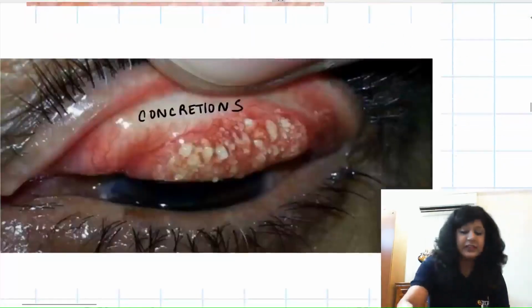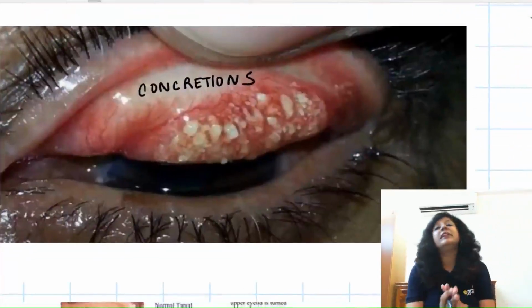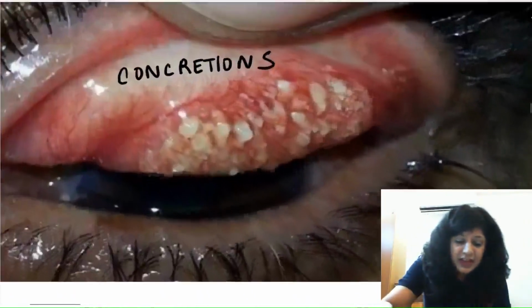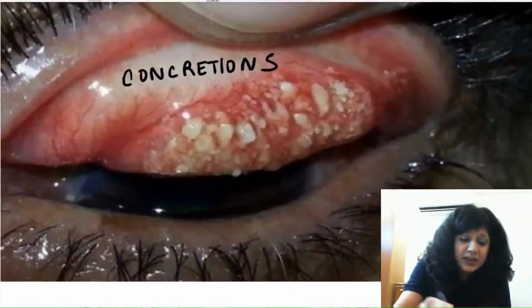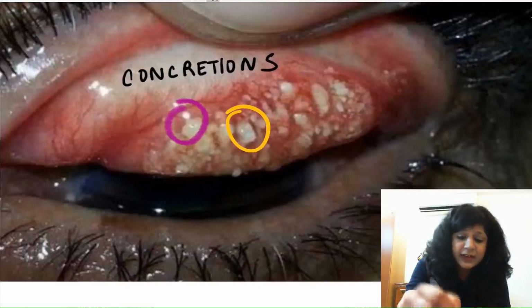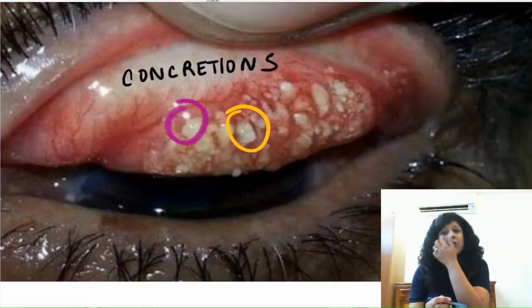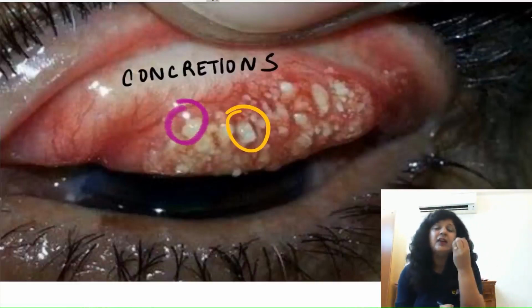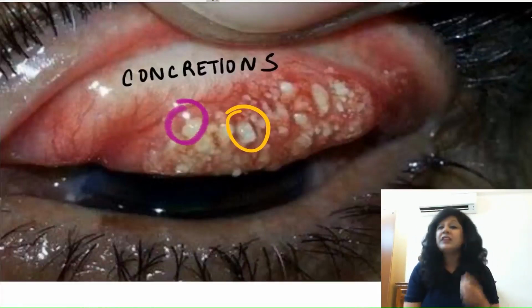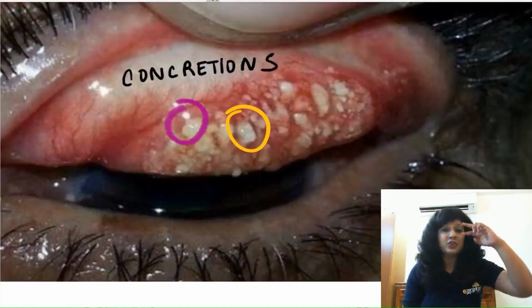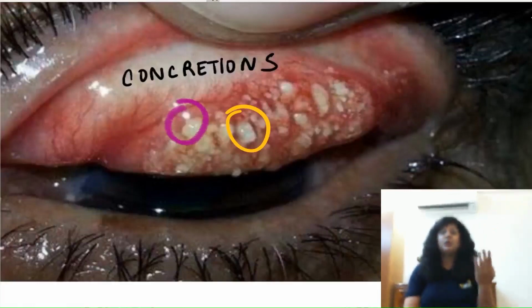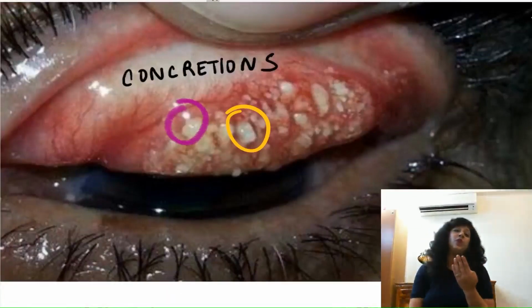And then see this, the next one is your concretions. What are these? Can you see very dirty looking these things which are present here? These are actually the concretions, the dead cells and the debris which is accumulated here in the palpebral conjunctiva. When this patient will close the eyelid, these concretions will rub the cornea, causing corneal erosion. And you know that whenever there is corneal erosion, there is always a risk of secondary bacterial infection.